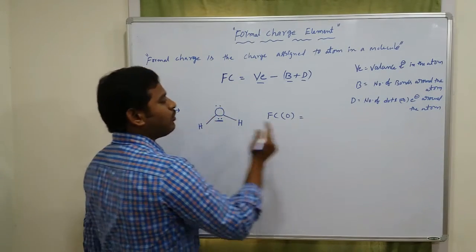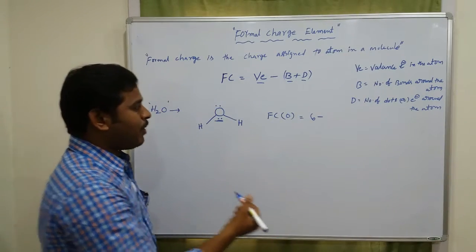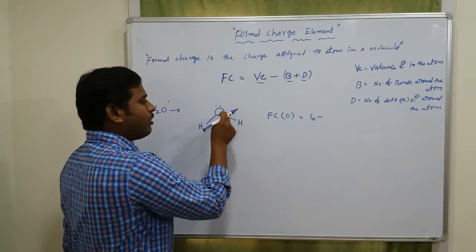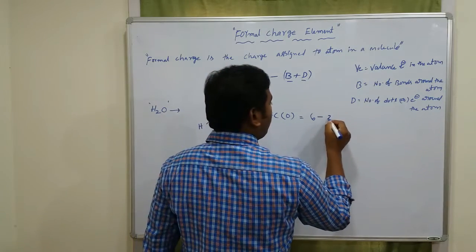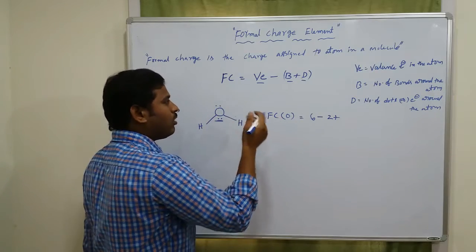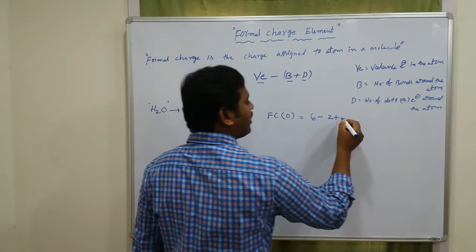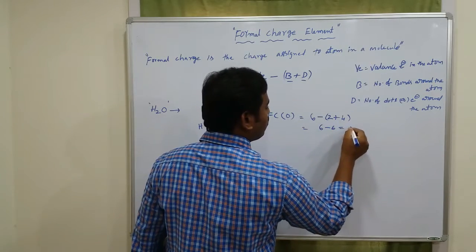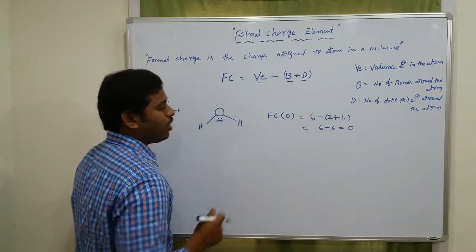Oxygen belongs to the 6th group, so its valence electrons are 6, minus number of bonds. Around the oxygen atom it has 2 bonds, plus number of dots, which are the lone pair electrons: 1, 2, 3, 4. Around the oxygen atom it has 4 electrons. So 6 minus 6 equals 0. 0 is the formal charge of oxygen in the water molecule.